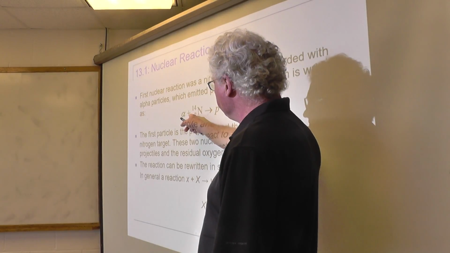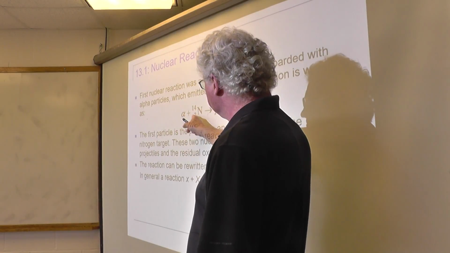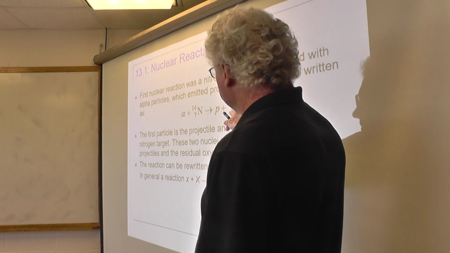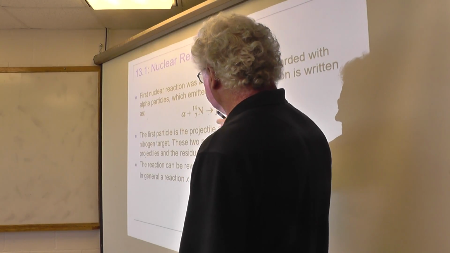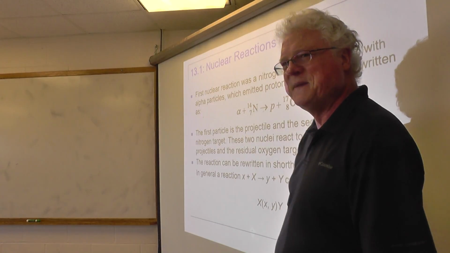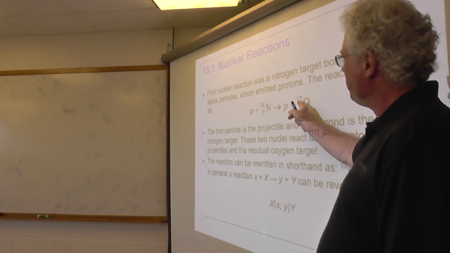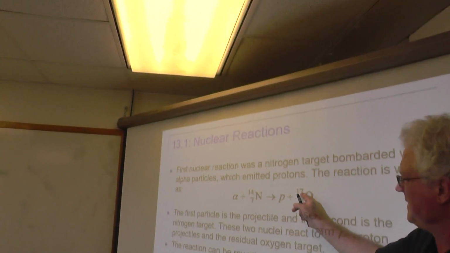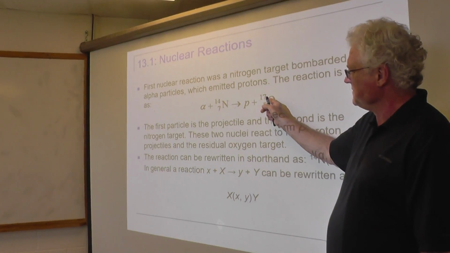So if you look at this, we have 7 plus 2 protons, which gives you 9. That adds up, because here we have 8 plus 1, which also gives you 9. So yes, that's conserved. The number of protons is nicely conserved in this case. Now how many neutrons do we have right here? We have 17 minus 8, which is 9 neutrons.